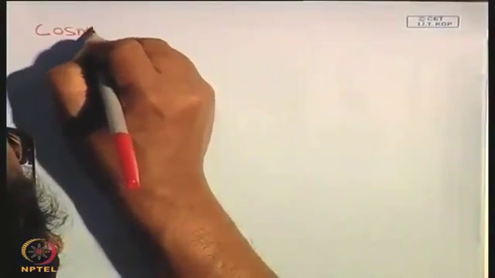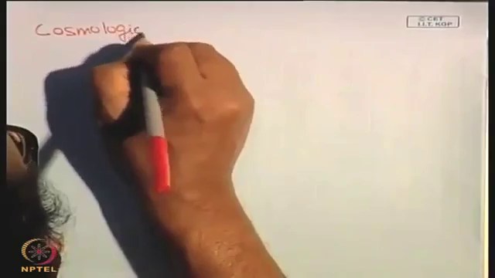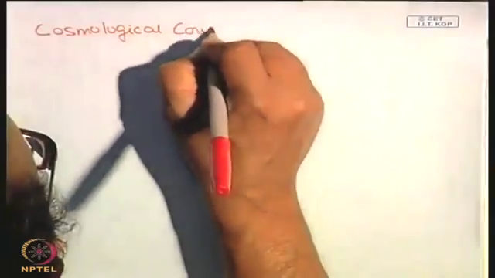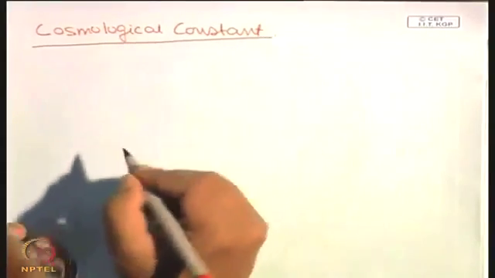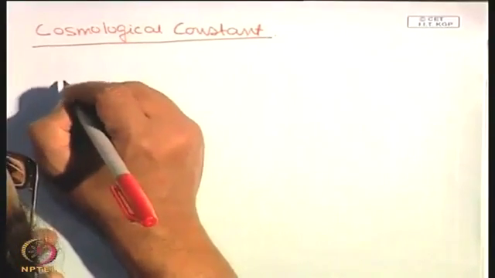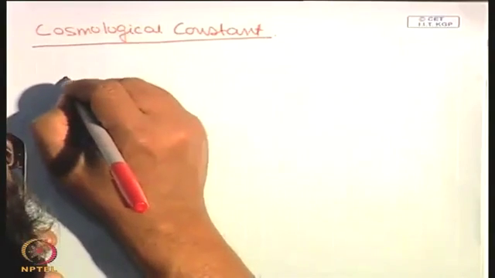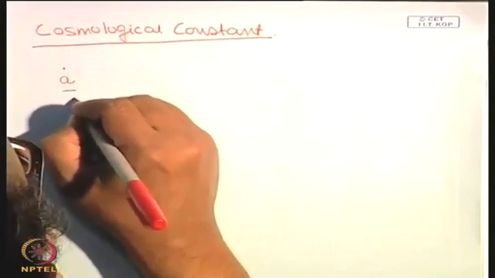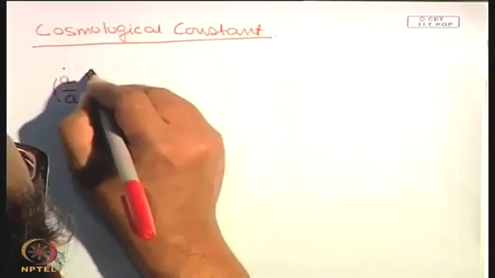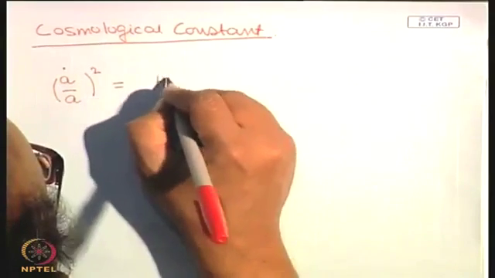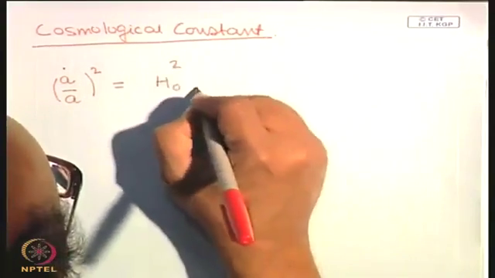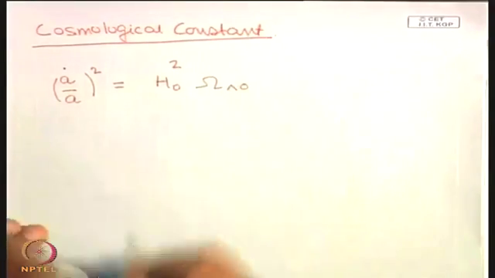In a model with a cosmological constant, the equation that you have to solve is (a dot by a) squared is equal to H_0 squared Omega_lambda0.